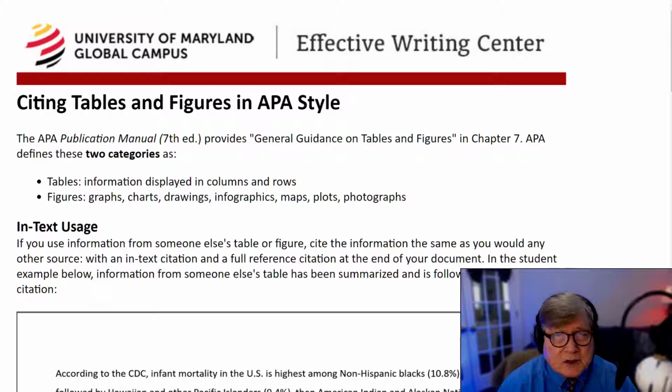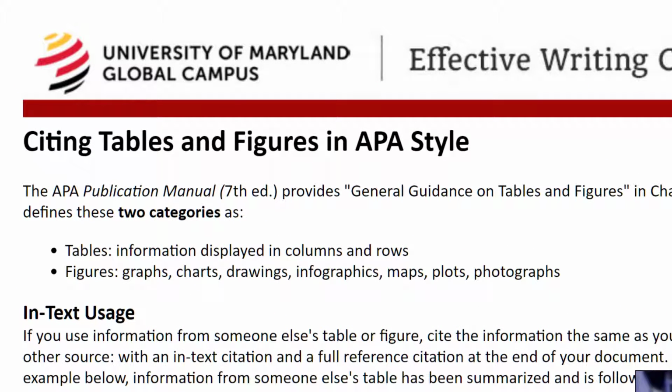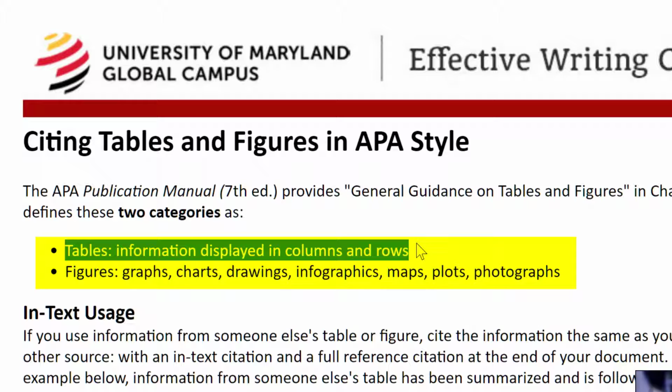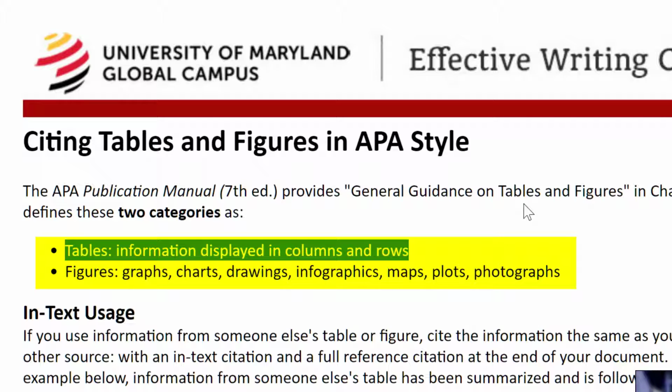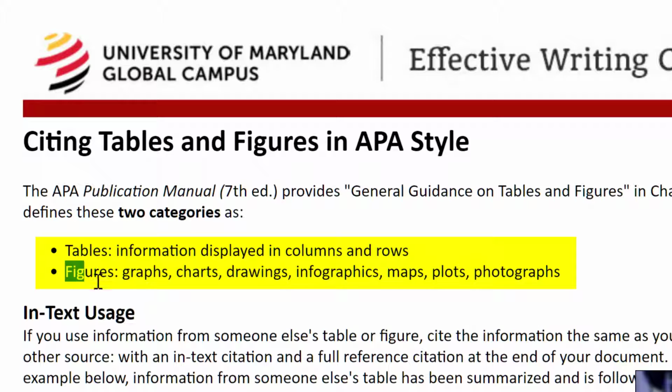The first thing to notice is that APA divides these illustrations into two categories. Category 1 is the category of tables. They define tables as information that is displayed in columns and rows. And that is distinguished from the other very broad category of figures.